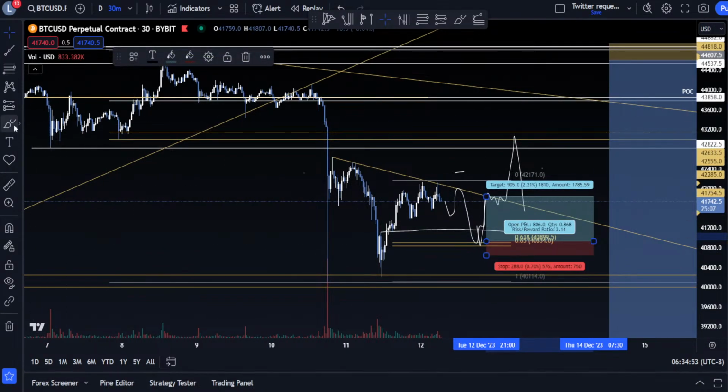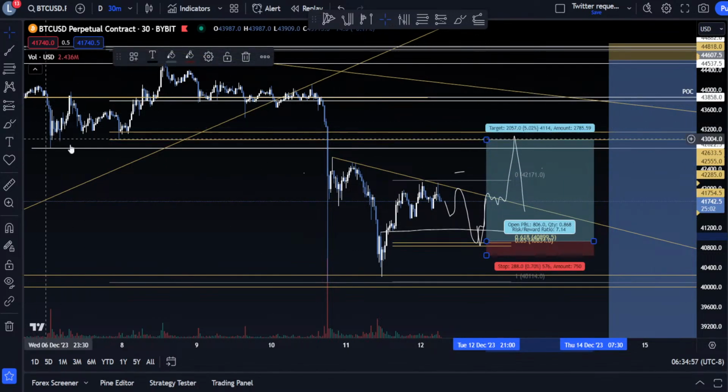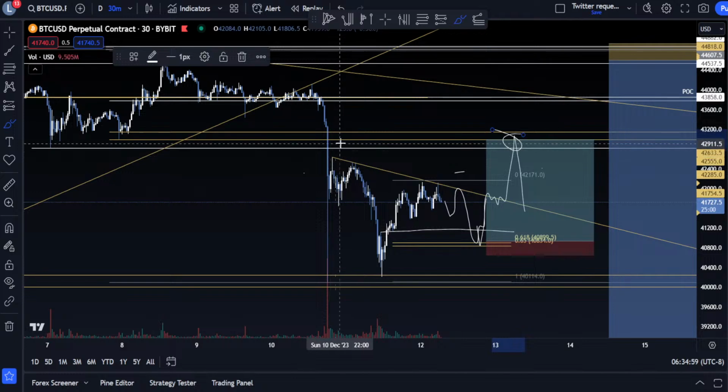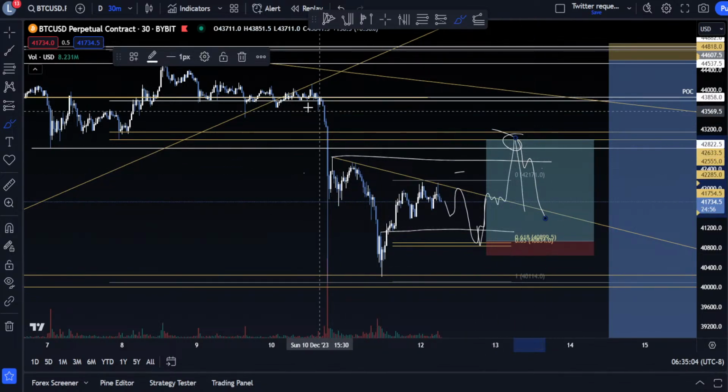Lock in a quick TP1, carry the rest higher, then short a sweep of those highs.